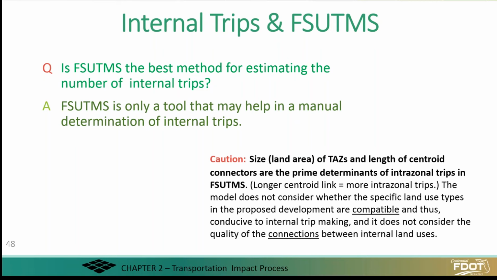There are a lot of considerations to keep in mind with FSUTMS. A project, a site, a development in FSUTMS, as we've mentioned before, is highly abstracted. It's very generalized.